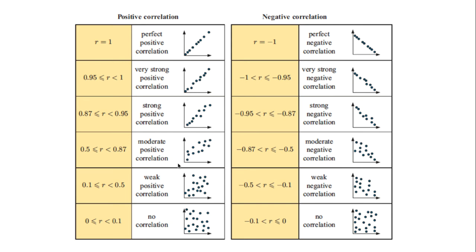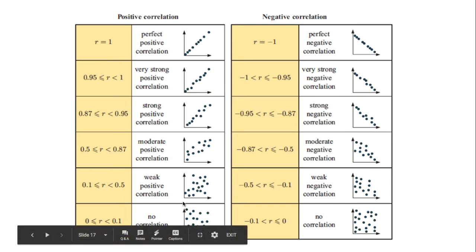You can still look at this scatter plot and see that there's generally a linear trend that is happening with this data. But then you get into these lower regions and the correlation is very weak, and eventually there's just no correlation. These points are kind of randomly strewn about the coordinate plane.